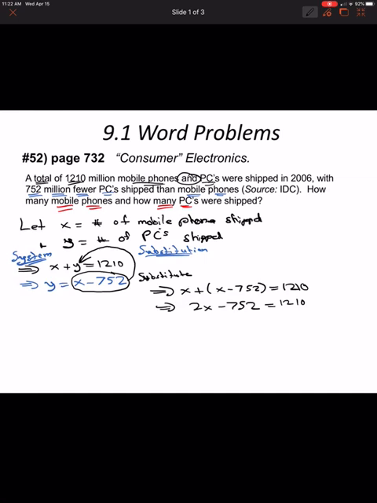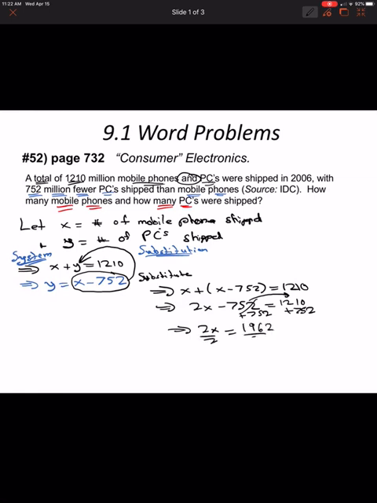We've got an equation with one unknown, and that's X. So as we're solving this linear equation, we've got to isolate X, so add the 752 over to the other side of the equation. So that will give us 2X equal to, what's 1210 plus 752? What do we get? We get 1962, as we add those up.